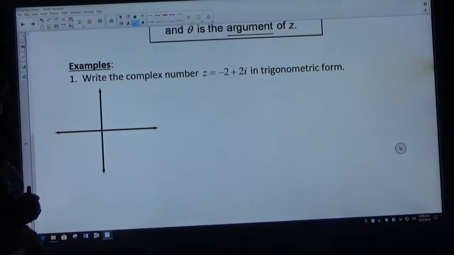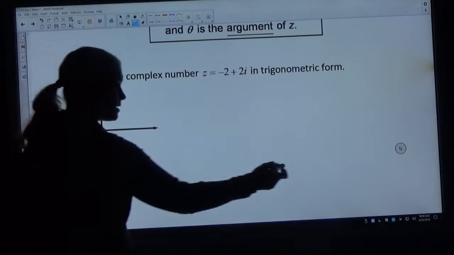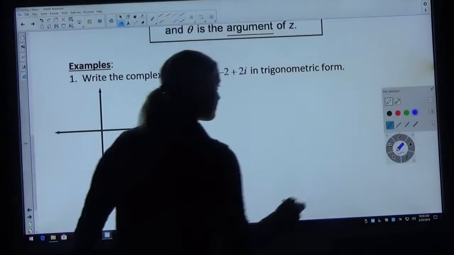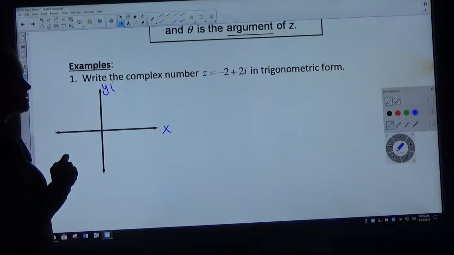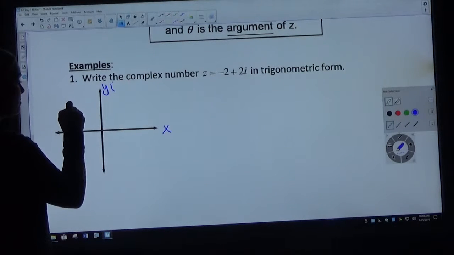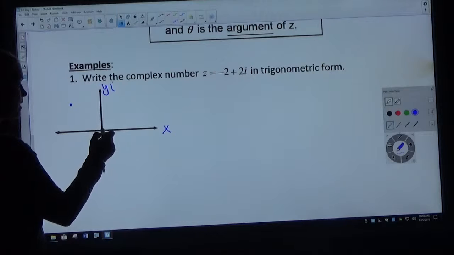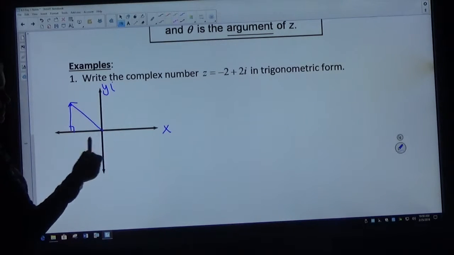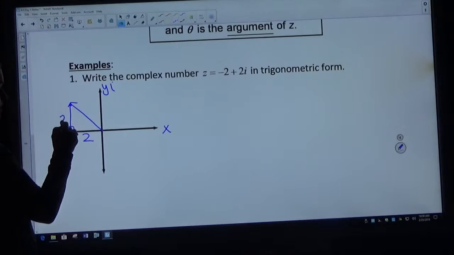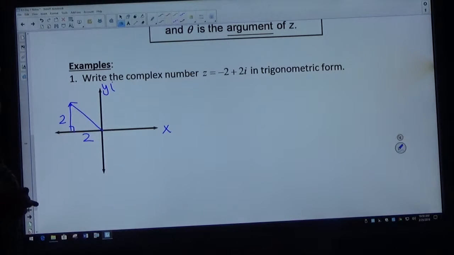So I'm going to sketch that imaginary number. I'm going to go on my real, my y-axis, left 2, up 1, which puts me in the second quadrant. I'm going to sketch that vector and drop my altitude. This distance is 2. This distance is 2 as well.